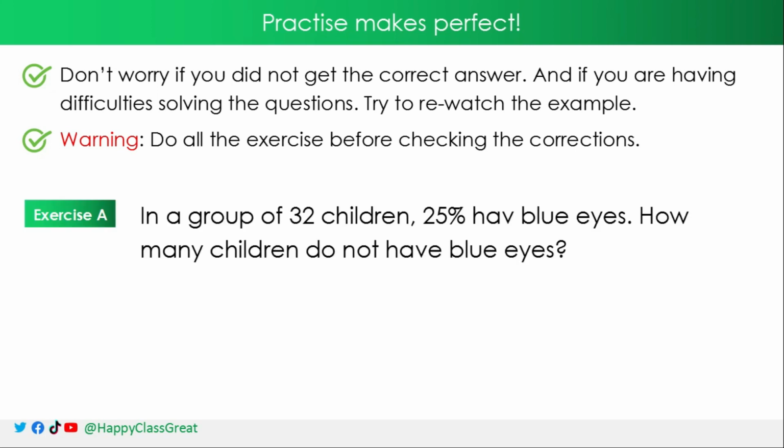So 25% of 32 will be 25 over 100 times 32, and the answer will be 0.25 times 32, which, if you multiply 0.25 times 32, will be 8. So 8 children of them have blue eyes, you understand.